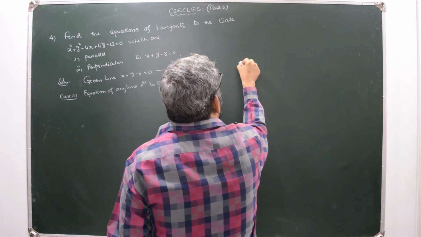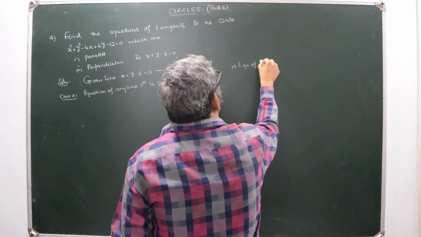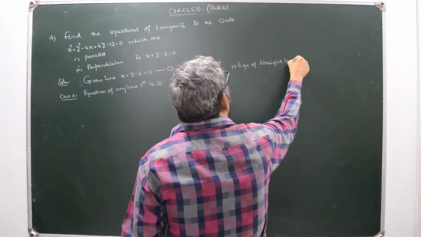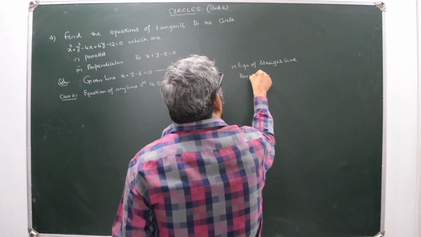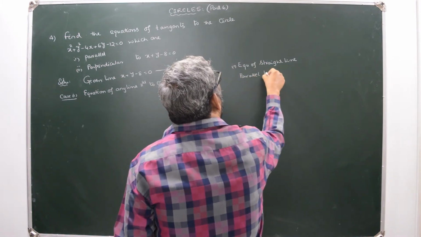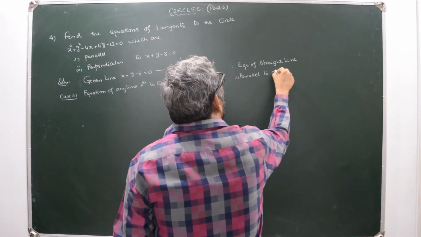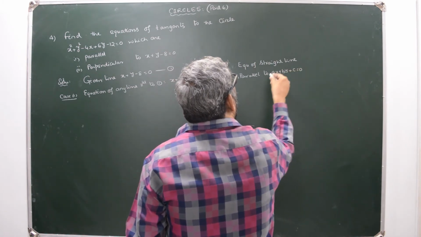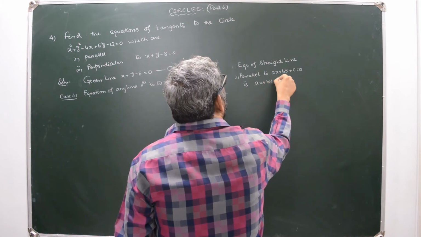Actually, the equation of a straight line parallel to ax plus by plus c equal to 0 is ax plus by plus k equal to 0.